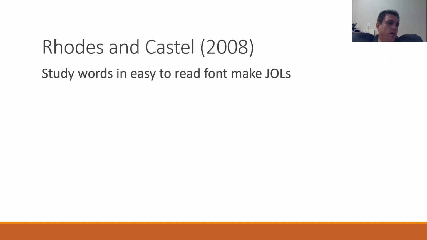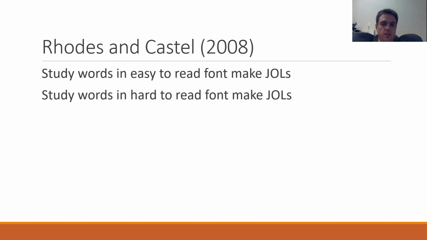So he had people do something known as a judgment of learning. A judgment of learning is just exactly what it sounds like: you study a list of words and you have to guess, okay, how many of those am I going to remember? Pretty straightforward. You do this for either words that are easy to read or hard to read.